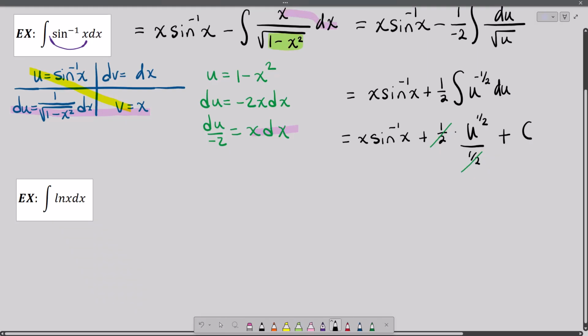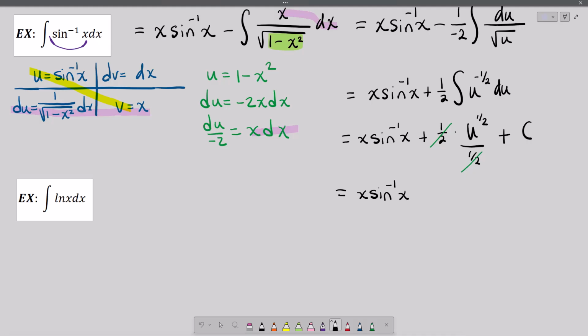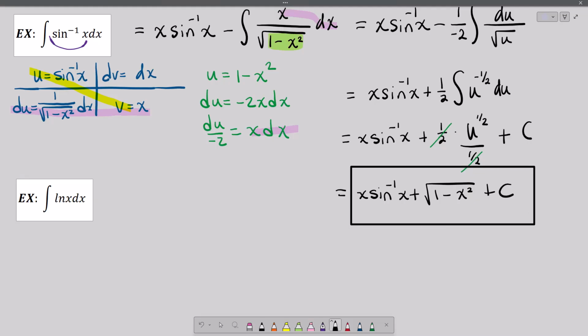And then our final step is the back substitution step. So we go back to this u, our integration by substitution u. So we'll get the square root of 1 minus x squared. And that is our antiderivative.